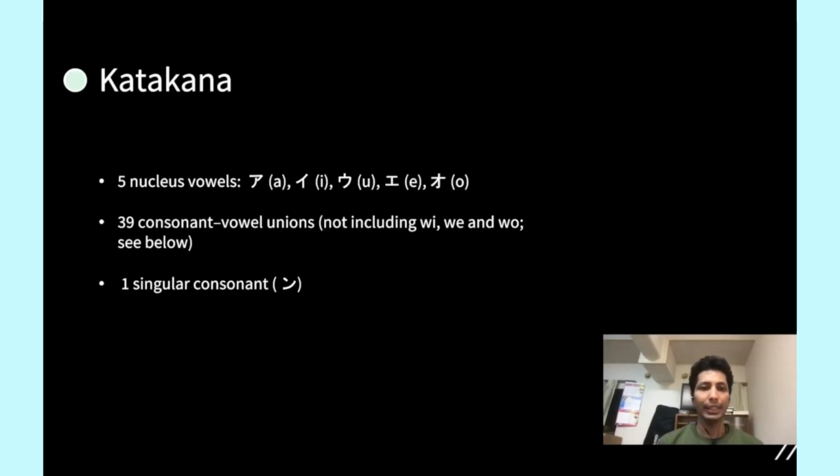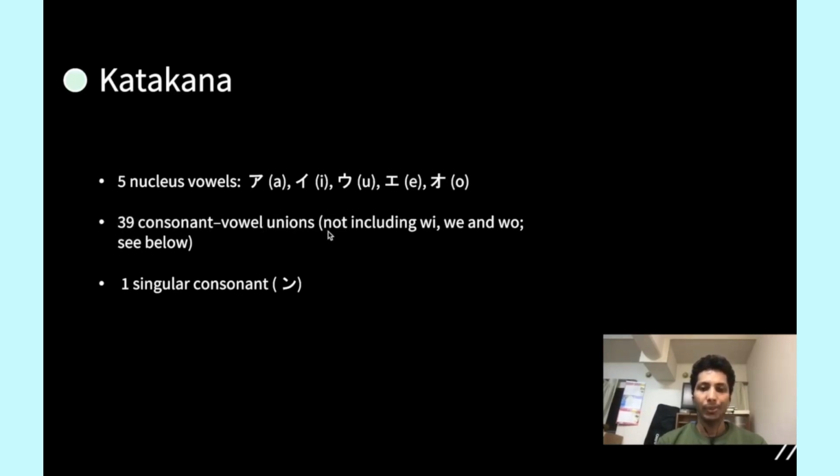So let us start. Katakana has 5 nucleus vowels: a, i, u, e, o. And similar to hiragana, it has 39 consonant-vowel unions.